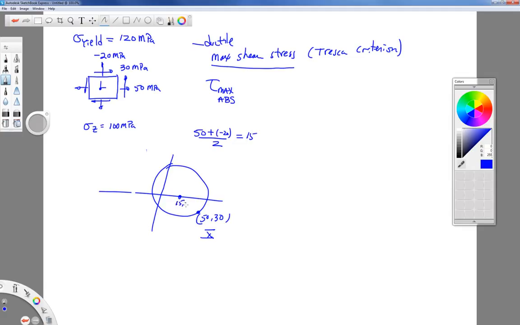So this is 15, 0. Over here on the other side of the circle is my y point, which would be minus 20, minus 30. And what we need to do is find, for the 2D circle, what the radius of this 2D circle is. So I'm going to drop this down. That's 30. And this distance, I believe, would be 35. Let me grab my calculator, and I'll check that.